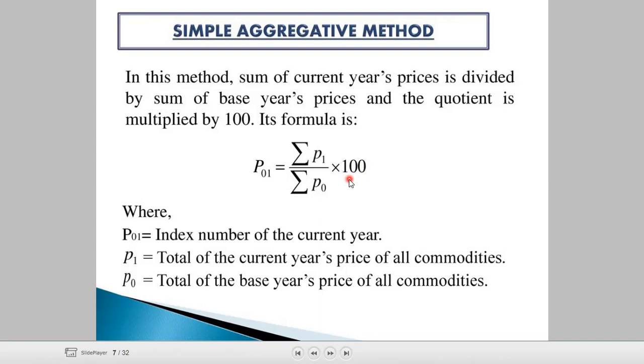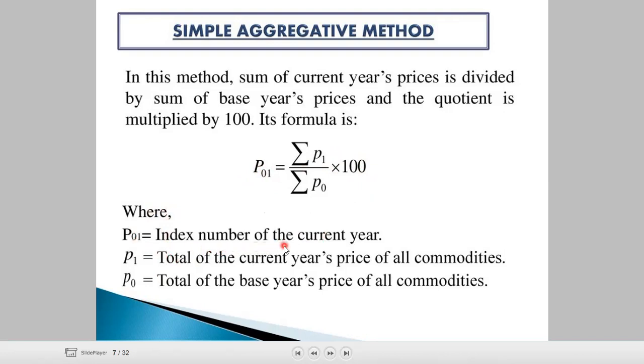And you know percentage is out of 100, isn't it? So that's why we multiply it by 100. Now what does this P01 stand for? This P01 is the symbol utilized for indicating index number. So here you can see the symbols are mentioned.